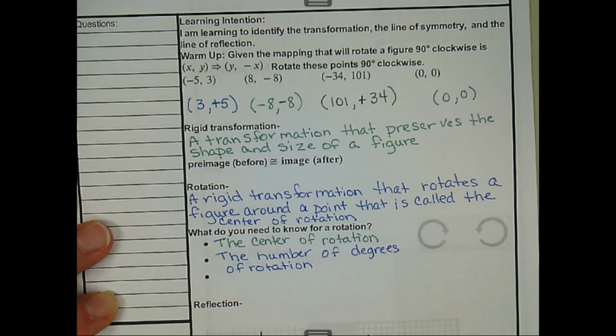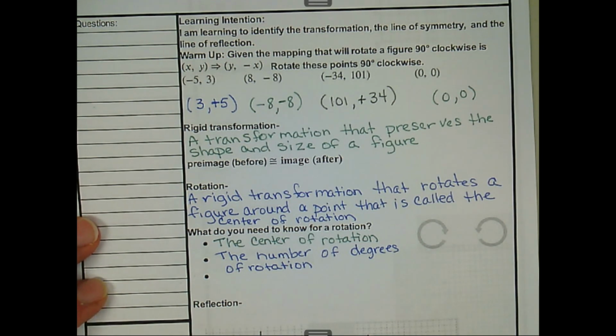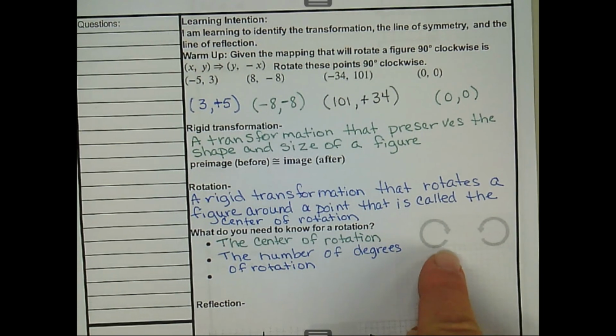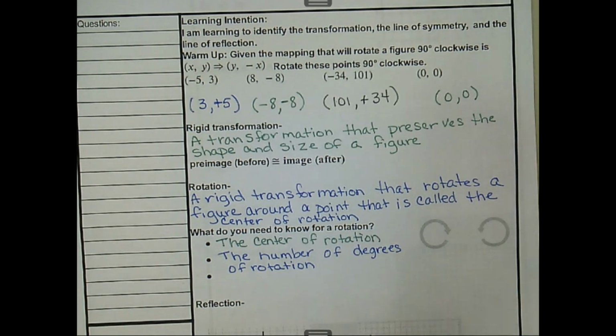So we've got to know the center, we've got to know how many degrees we're moving it, and you also have to know the direction of the rotation. You have to know, are you going clockwise or are you going counterclockwise?